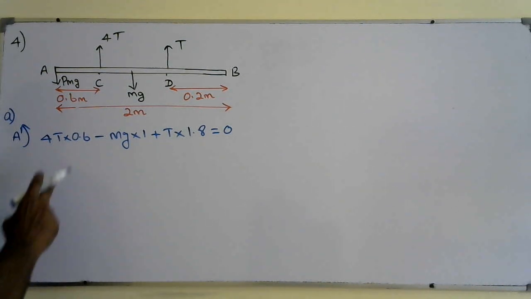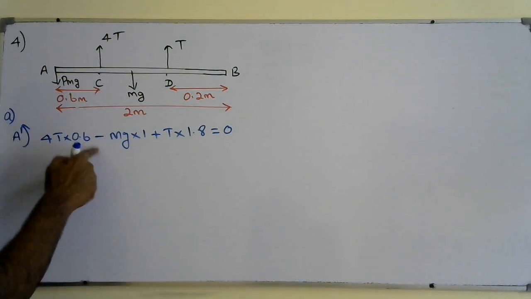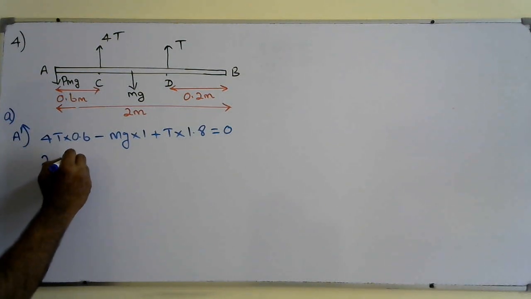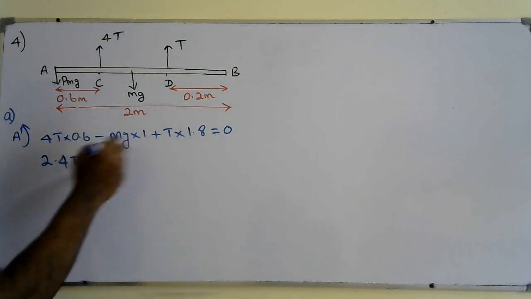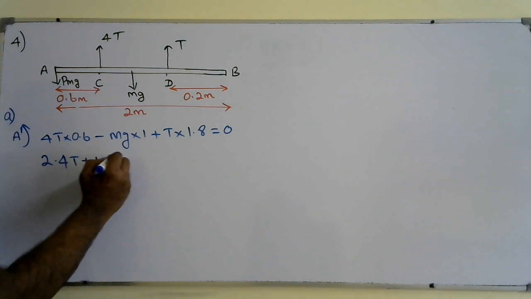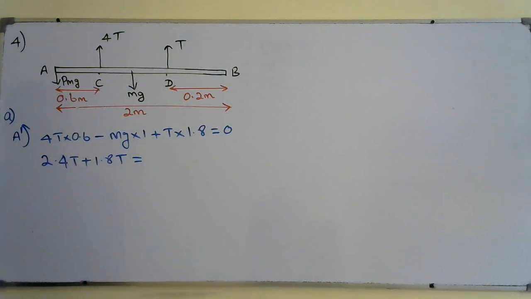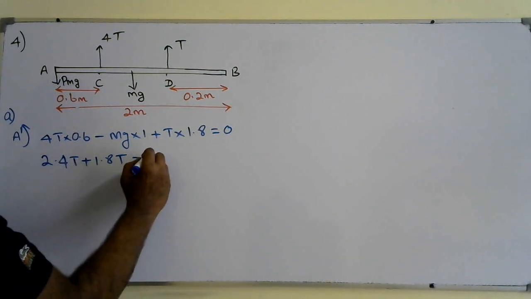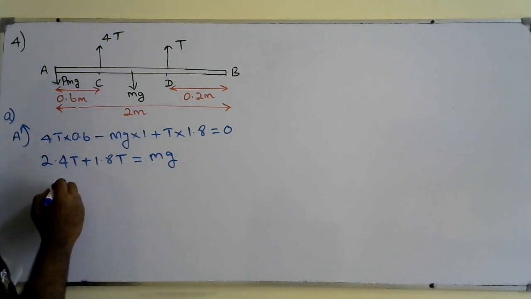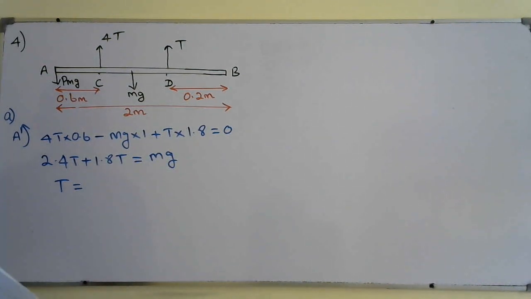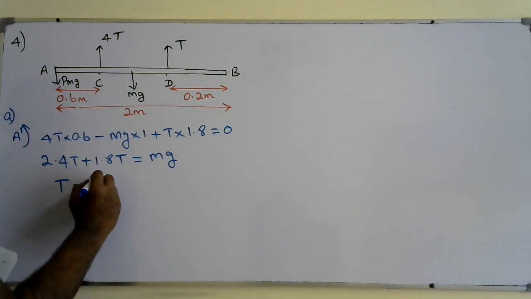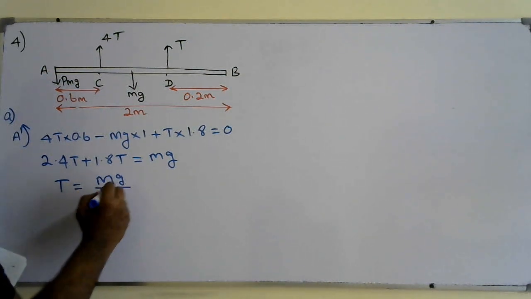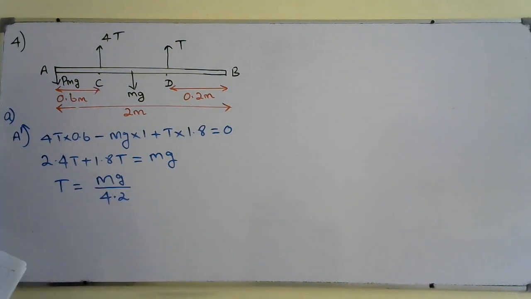When you solve, you'll get 2.4T plus 1.8T is equal to mg. So you'll get T in terms of mg. It will be mg over 4.2.